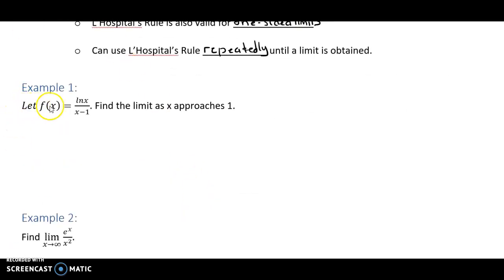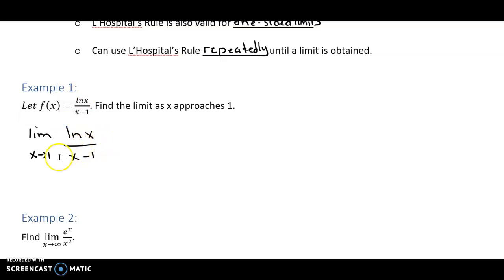First example: let f of x equal the natural log of x over x minus 1. Find the limit as x approaches 1. Before you use L'Hopital's rule, it has to be an indeterminate form, meaning 0 over 0 or infinity over infinity.